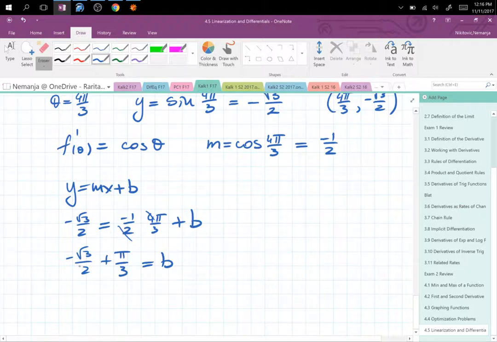We can compute these things. Earlier, we learned that root 3 is about 1.75. Pi is 3.14, so this is roughly 1. You see? So I'm calculating this without a calculator still.